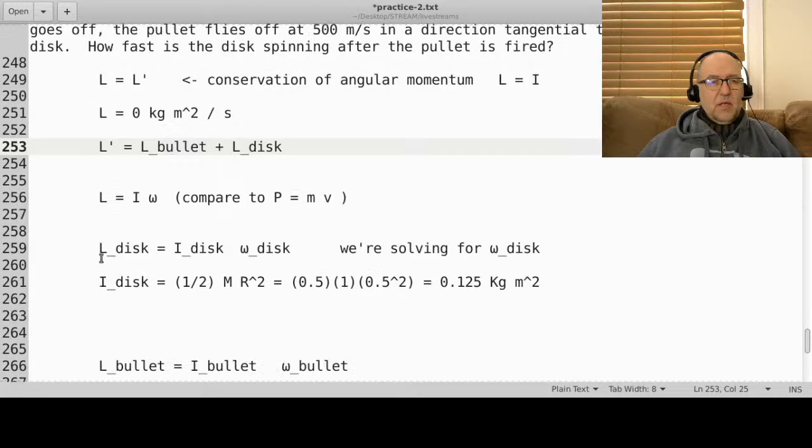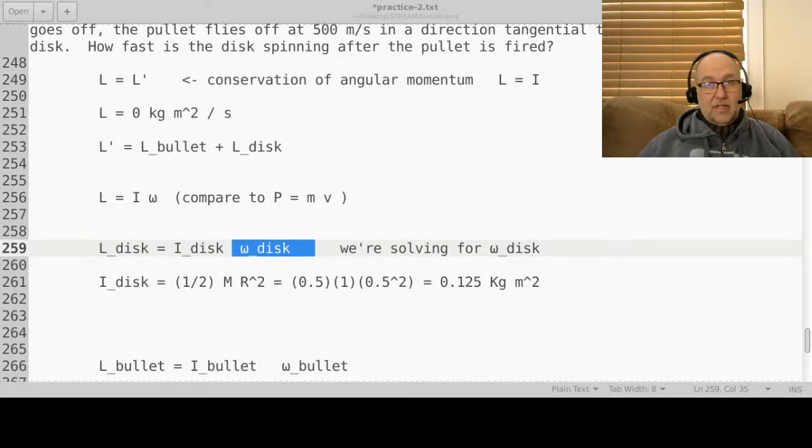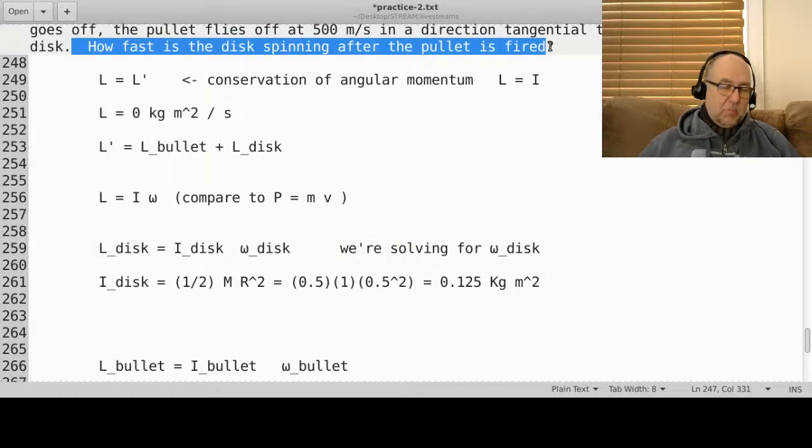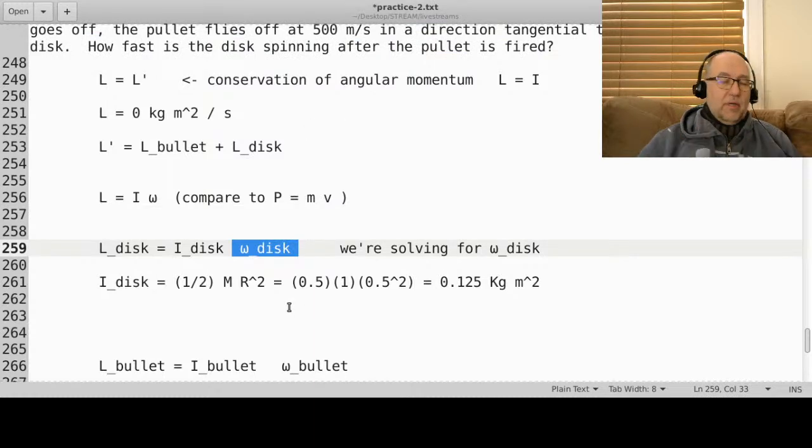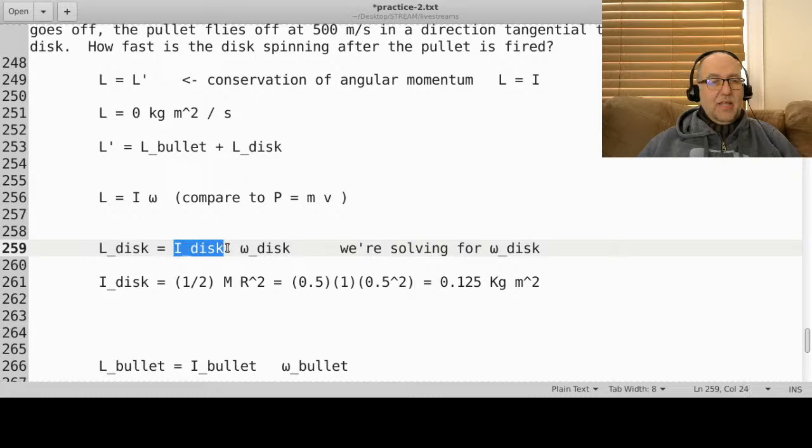The angular momentum of the disk is equal to the moment of inertia of the disk, I, times the angular velocity of the disk. And we're actually solving for the angular velocity of the disk. In other words, I ask how fast is the disk spinning after it's fired. So we're actually solving for omega disk. We don't want to put a number in for that, but we do want to see if we can get some value for the moment of inertia of the disk.